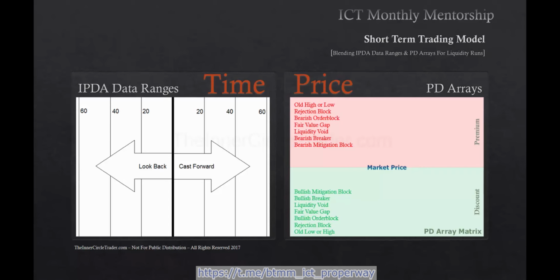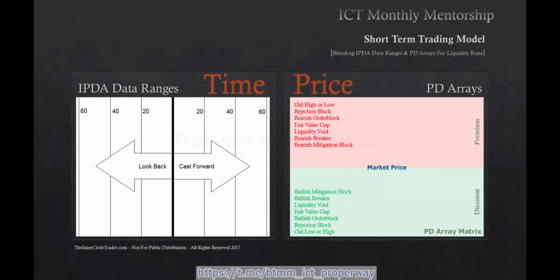If the data ranges provide you a context to look back the last 20 days, the last 40 days, and the last 60 days, as you move forward, you're casting forward for a new set of 20, 40, and 60. Each new day, you shift that range forward. The look back period gives you the context to frame the PD arrays with a reference point in time.